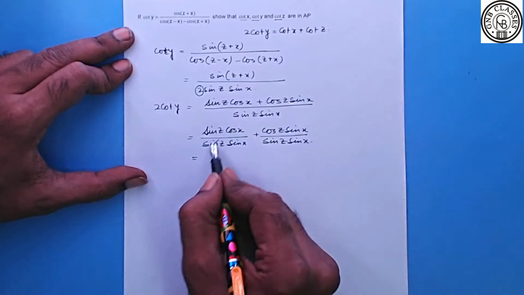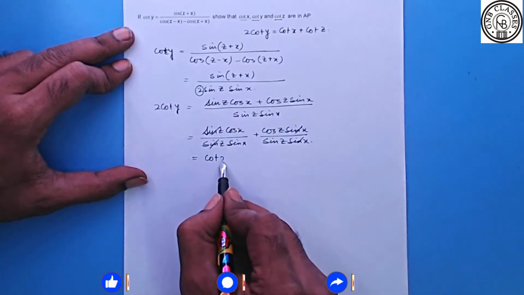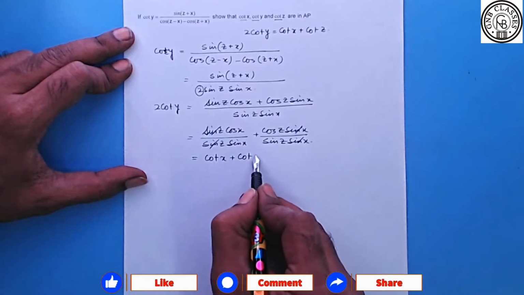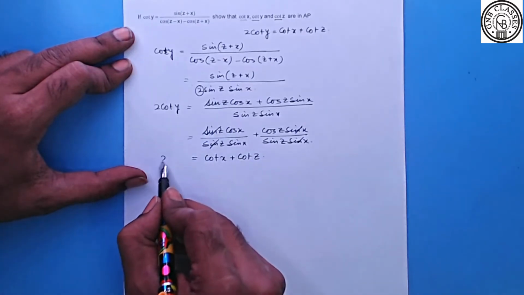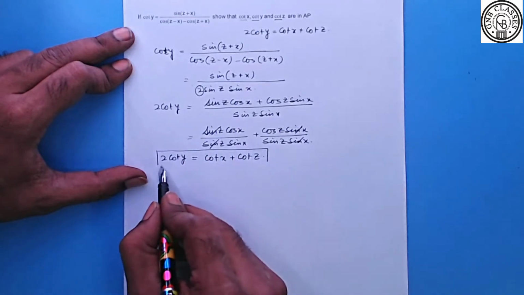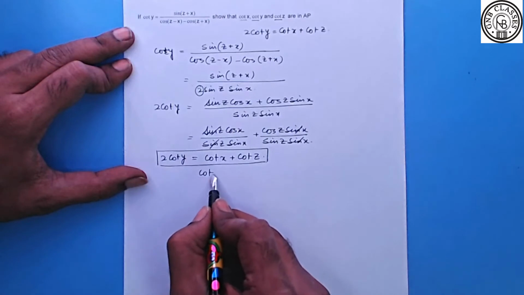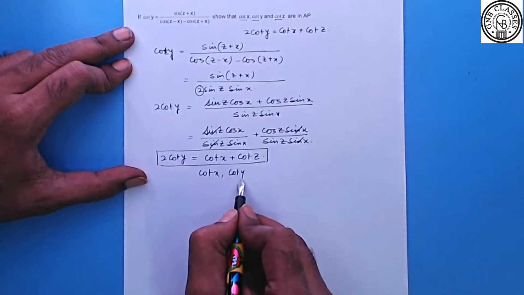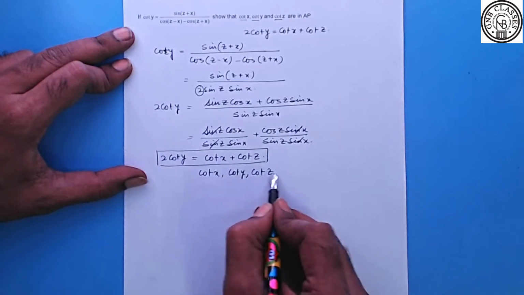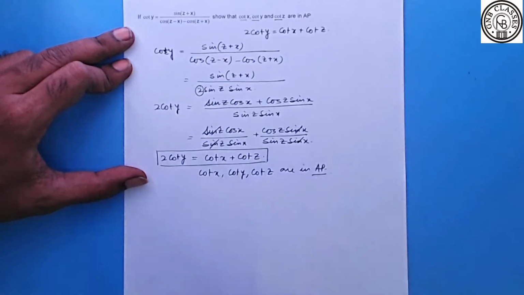So we are having what? This goes off, this goes off. So we are having cot x plus cot z. So what we have proved? We have proved 2 cot y equals cot x plus cot z. That is, cot x, cot y, cot z are in AP. Is it clear to all of you?